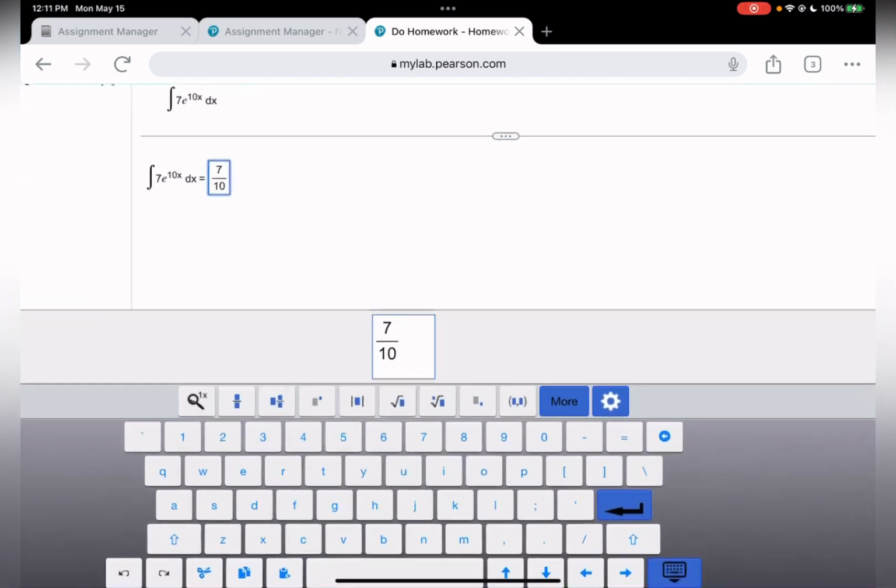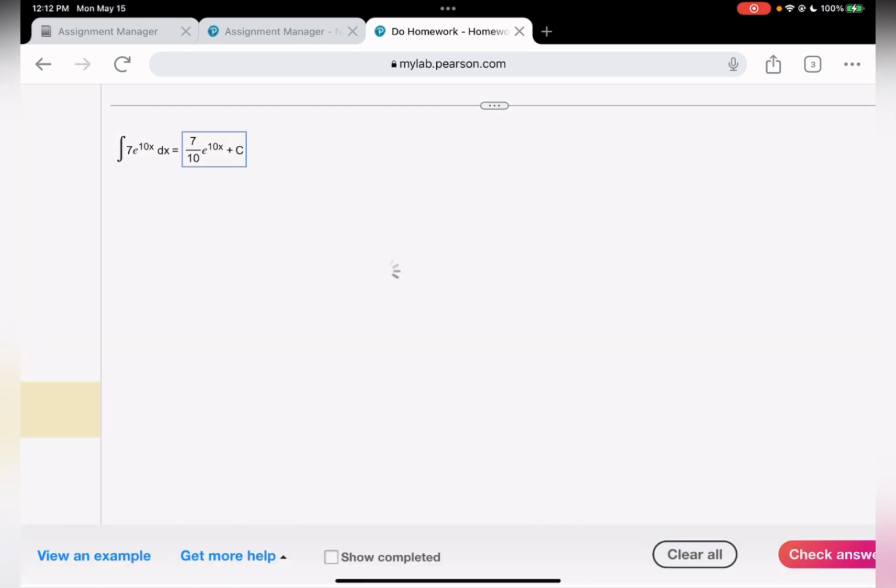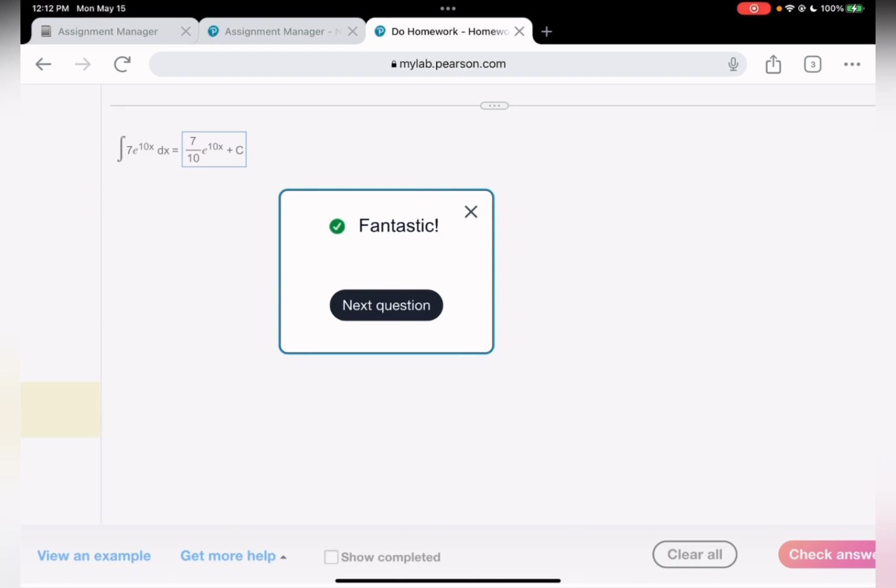But because I don't know if this software is going to play such game with me again, I'm just being careful. E to power 10x, and we put plus uppercase C. Let's see. See? Now, I bet if I would put in numerator e to power 10x, it would catch it as a mistake, because in other two problems, that's what it did, I think.